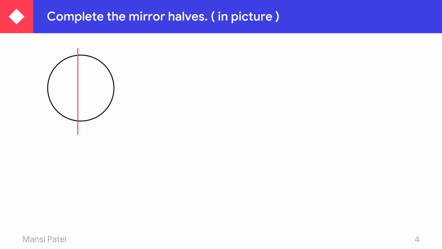So this is the figure of a circle. That means we can say a circle divides into two equal parts by the mirror halls. Now the second picture, here you can see the circle, and again one mirror hall, and you have to complete it. Whenever you have to complete the mirror hall, you have to complete all the things one by one.